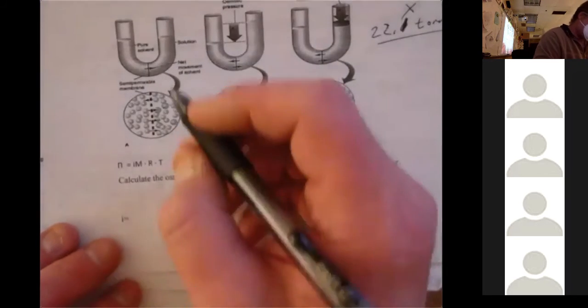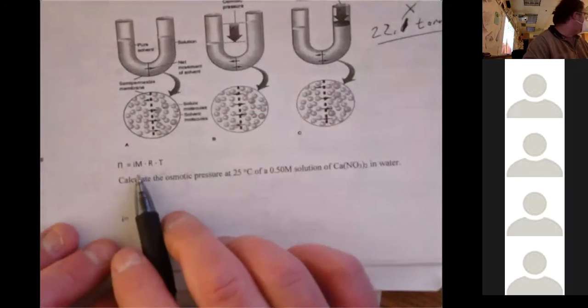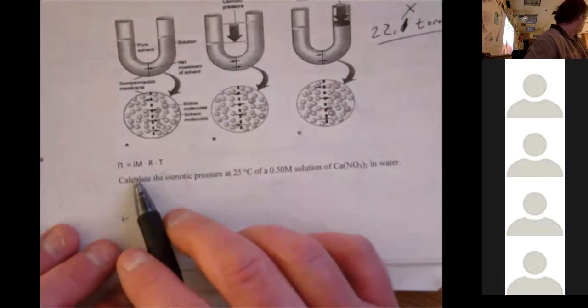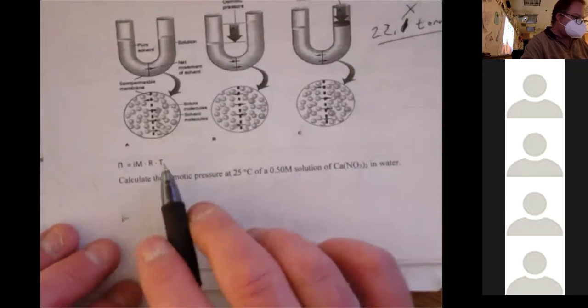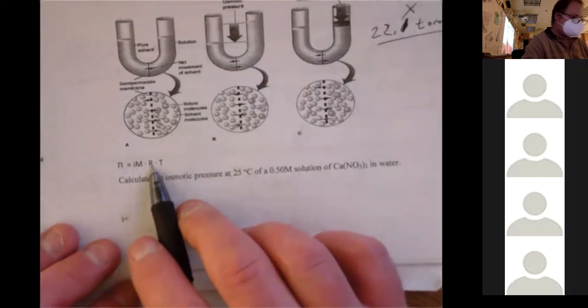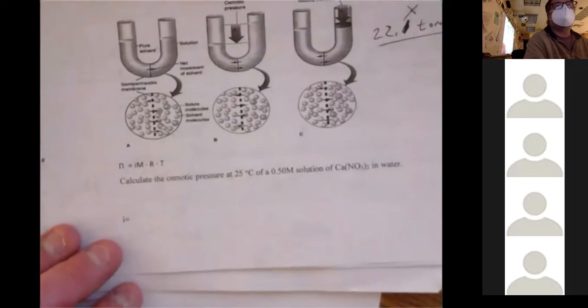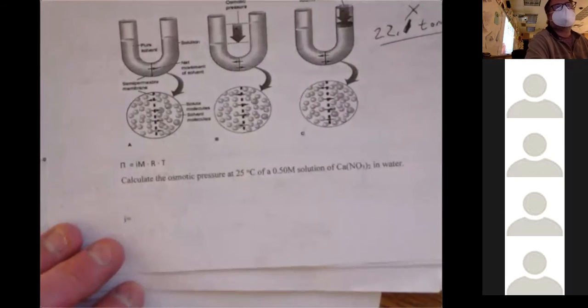Kelvin. And molarity is moles per liter, so that will cancel out. The Kelvin will cancel out with the R, and we will be left with pressure. Whichever R we use, I'm going to use atmosphere, 0.0821.